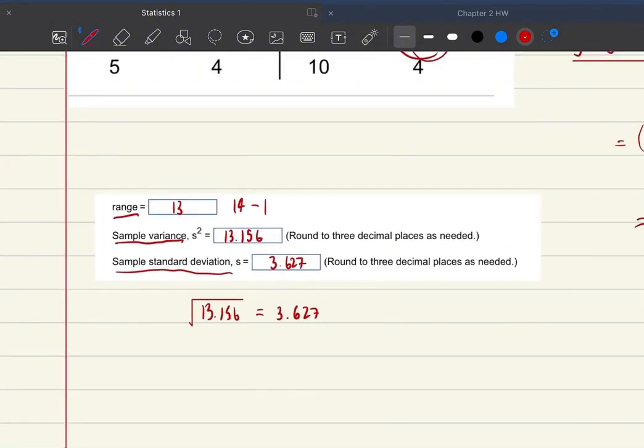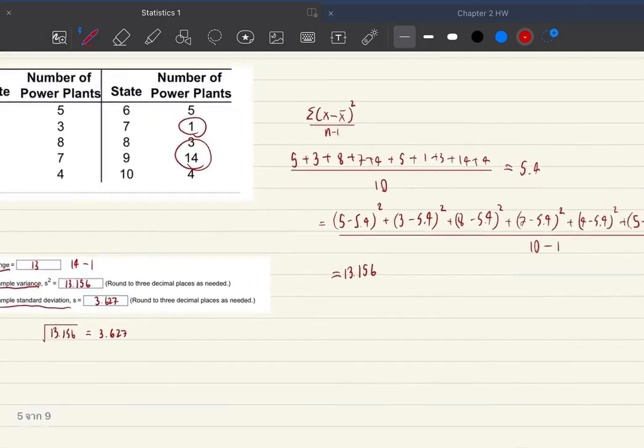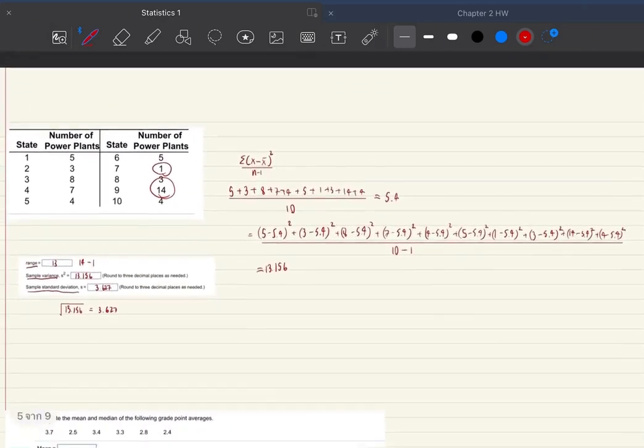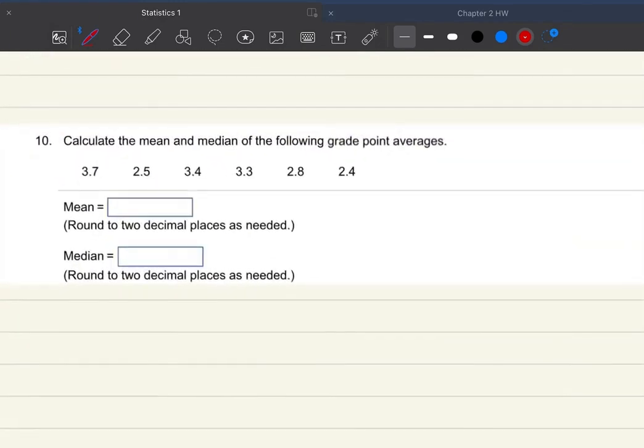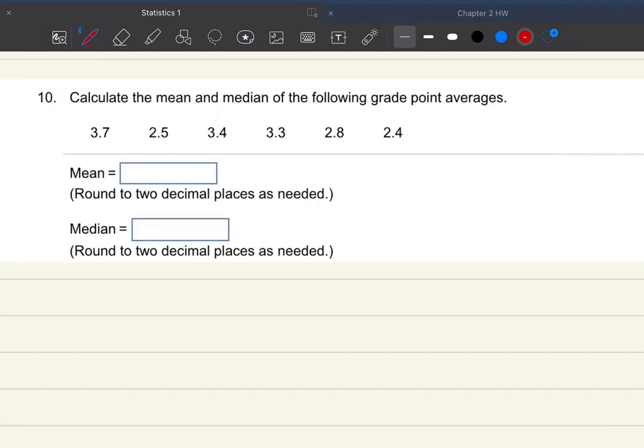Okay, so we finished the first one already. Let's move to the next question. The next question is to calculate the mean and the median of the following grade point averages. So the mean is the sum of the data divided by the total number.